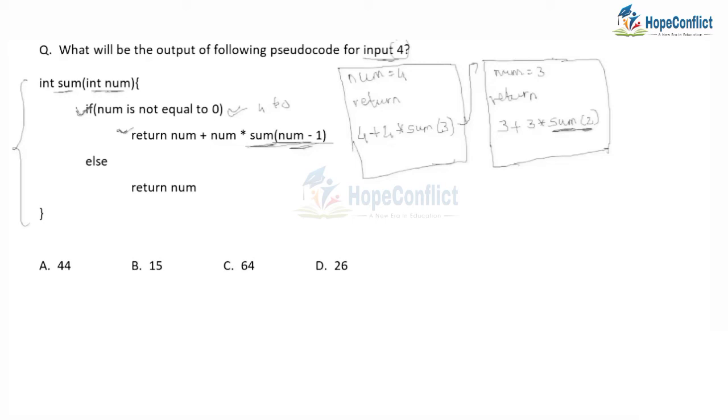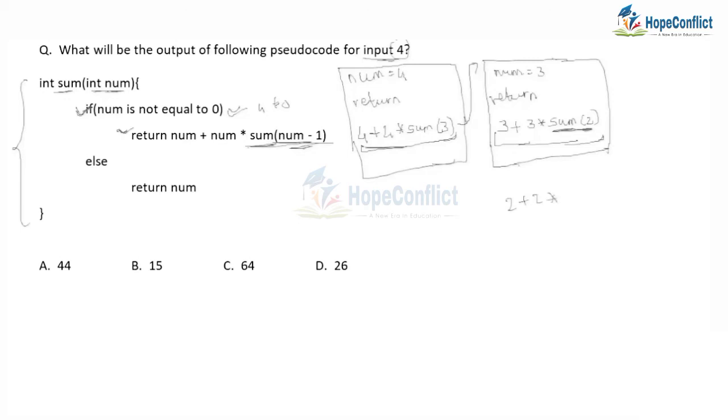Now as you can see here, this return statement is following some kind of pattern. The first return statement was 4 plus 4 multiplied by sum of 3. Then for the next function frame it was 3 plus 3 multiplied by sum of 2. So as you can guess, for the next function frame, when value of num will be 2, it will be 2 plus 2 multiplied by sum of 1.